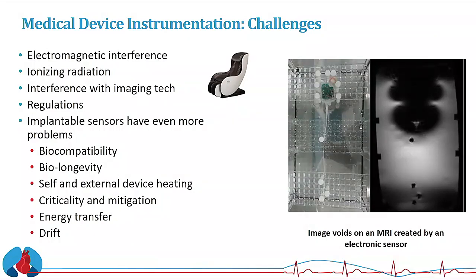And actually, a really interesting story on a paper that I read about these sorts of challenges is there was a guy with a pacemaker implanted. He had heart failure. His family, in a very nice gesture, bought him a massage chair to sit down and relax.